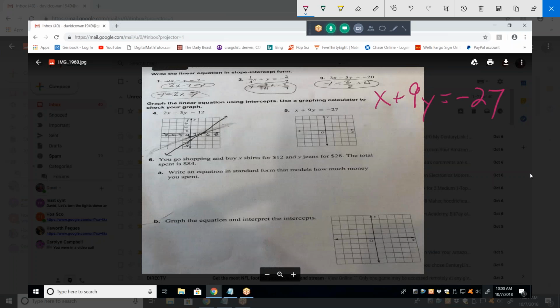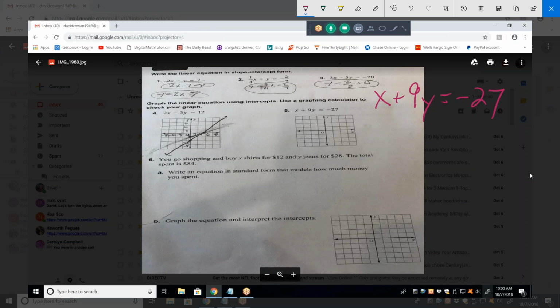How do we find the x-intercept? Make y 0. Okay, good. What does x become? If I make y 0 and solve this equation for x, what do you have?